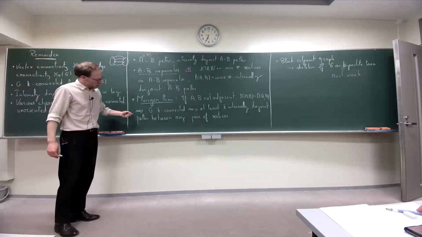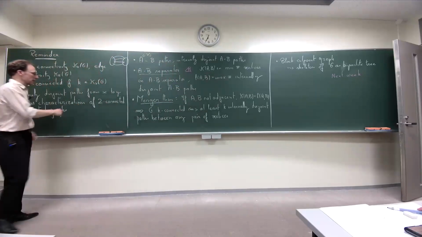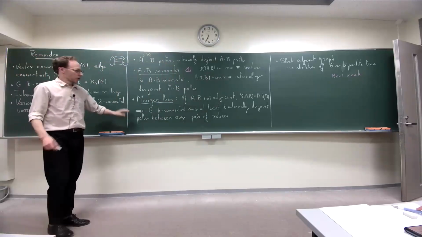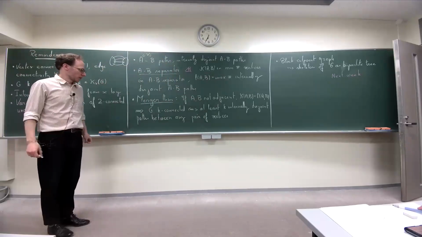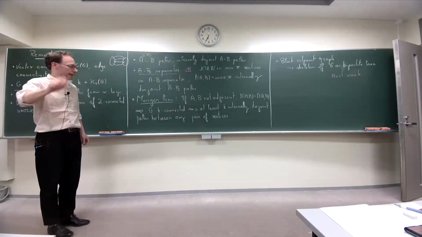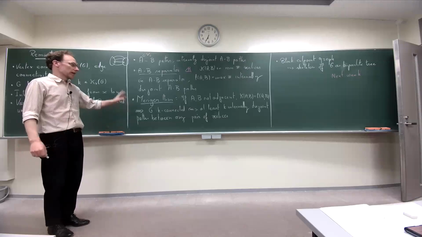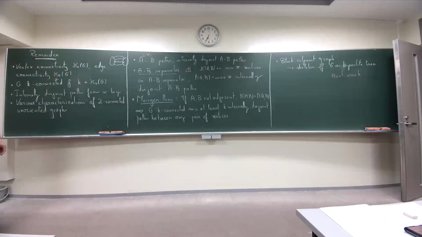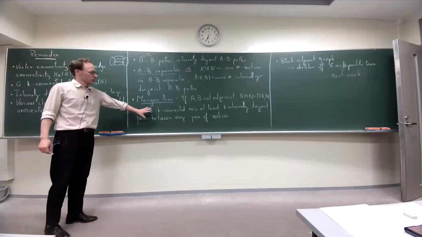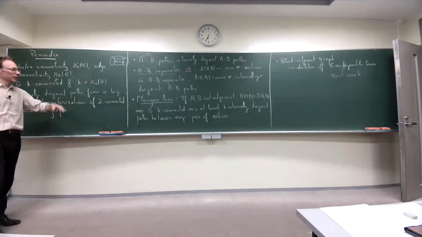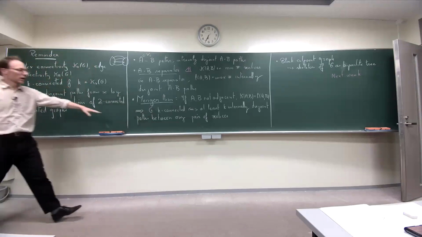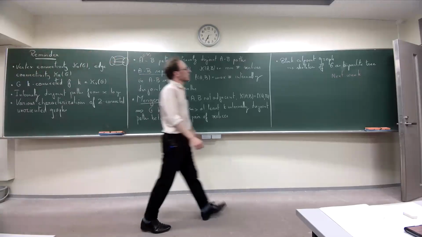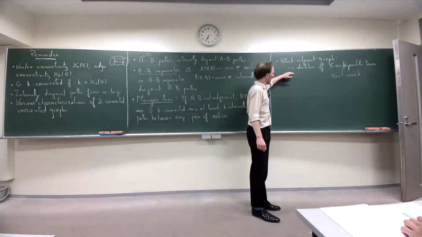As a consequence, we get that G is k-connected, with the definition I gave here, if and only if whenever you take two vertices, there exist at least k internally disjoint paths between these two vertices. So it's an equivalent characterization of k-connected in terms of the number of paths between any two vertices.